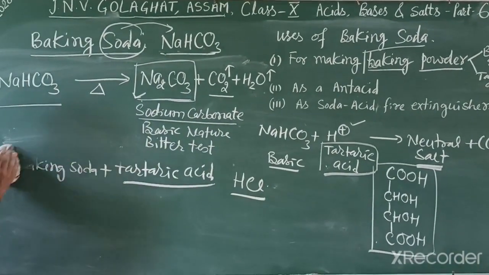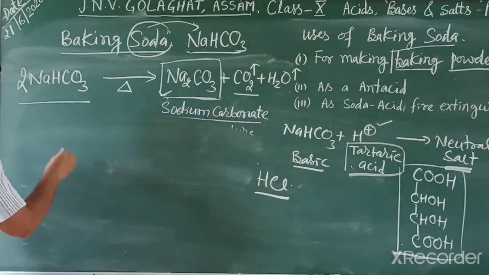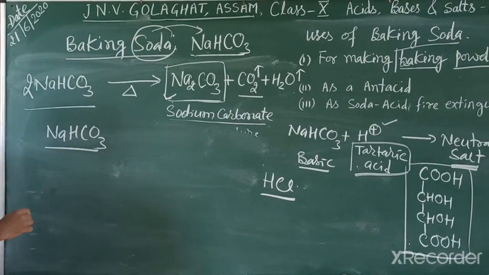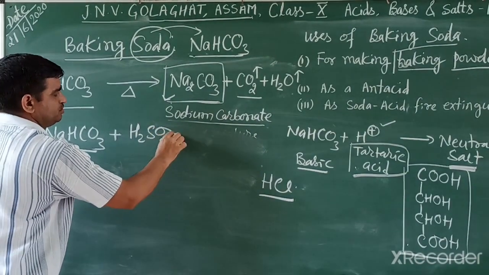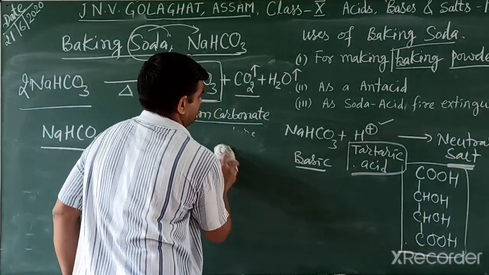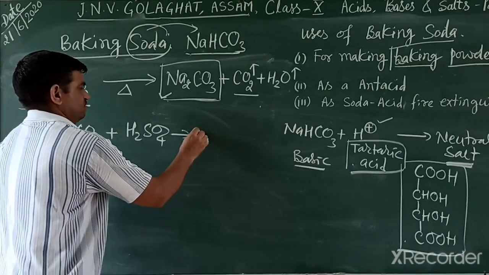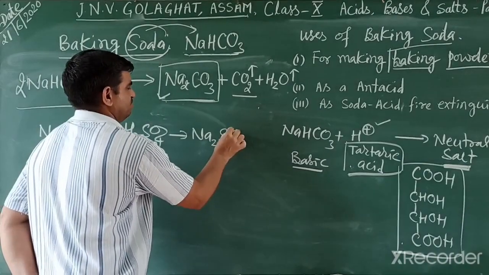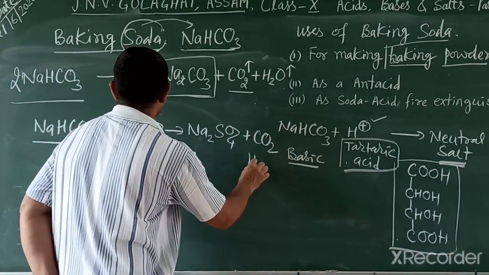If you write the reaction, baking soda, which we know is a basic salt, reacts with sulfuric acid and releases a gas with effervescence. The salt formed is sodium sulfate, plus carbon dioxide gas is released, and water.